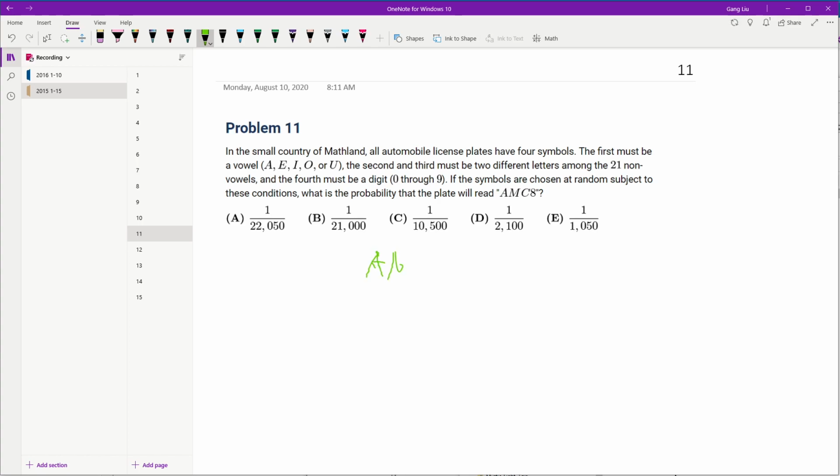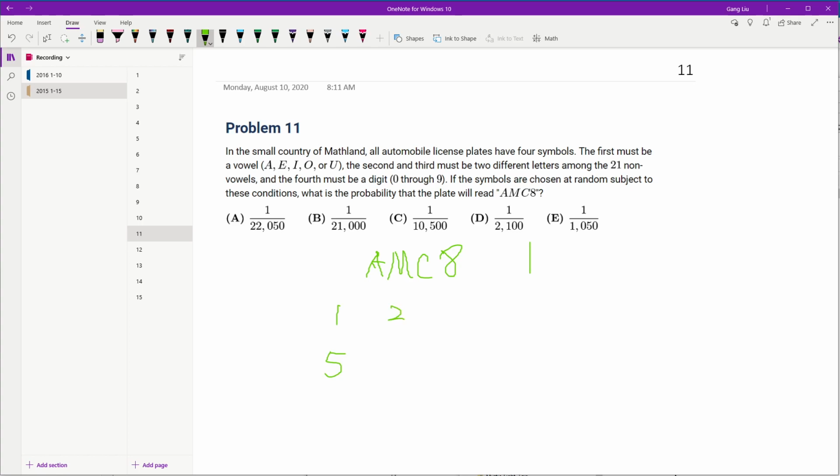So AMC8 itself has only 1 choice. So the numerator is going to be 1, and the denominator is the total possible arrangements of letters for the license plate. The first position we have 5 choices, because we have 5 vowels to choose from.